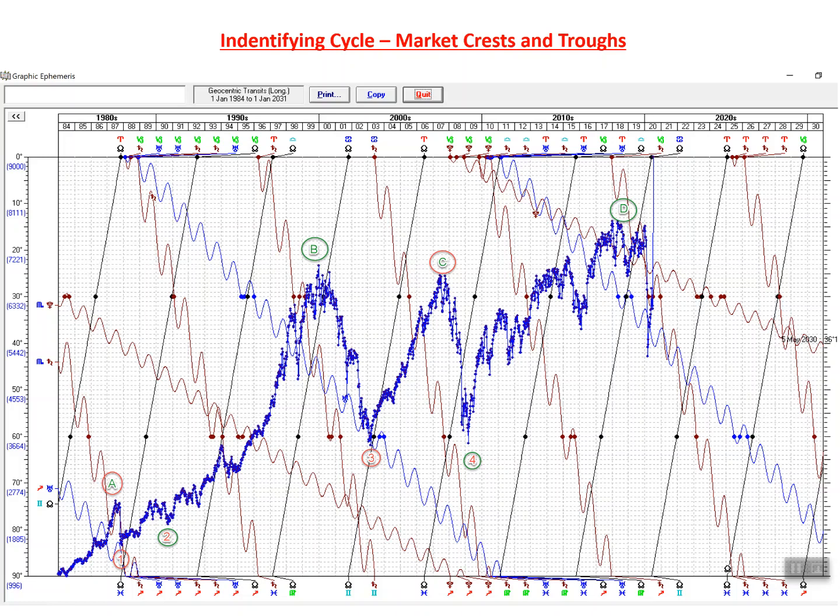These are referred to as market troughs. So the troughs are right at the bottom, and the crests are right at the top, the height of the market. And I've shown these alphabetically.